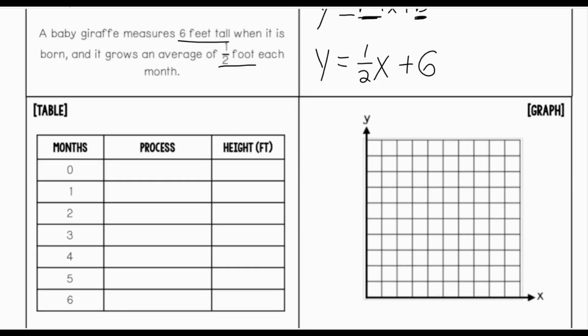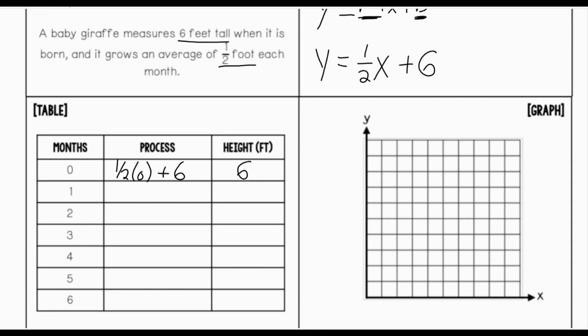Looking at this in a table, if the giraffe is 0 months old, so just born, it would be 6 feet tall, because 1/2 times 0 is 0, but then I have to add my starting height of 6 feet.